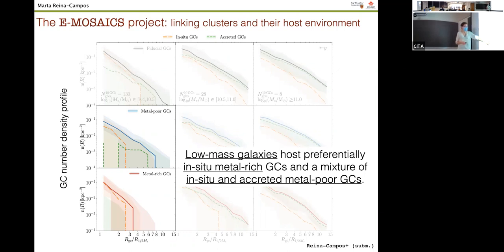While metal-rich globular clusters are mostly in situ, metal-poor globular clusters tend to have a mixture between in situ objects and also accreted ones. And it is the presence of the accreted objects that's extending the radial profile towards the outskirts of galaxies.